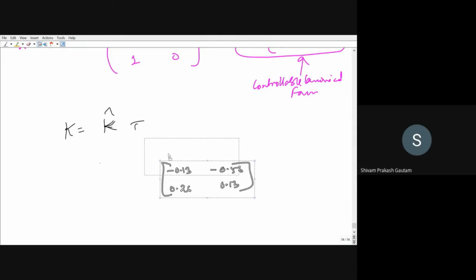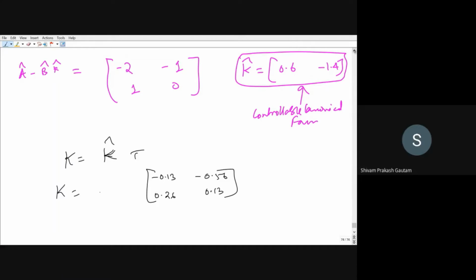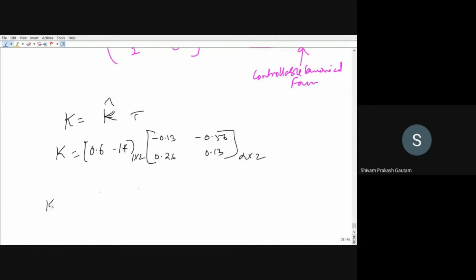And what is K cap? K cap is how much? 0.6 and minus 1.4. This is your K cap, and the dimension of this is 1 cross 2. The dimension of T is 2 cross 2. Finally, the dimension of K will be 1 cross 2.